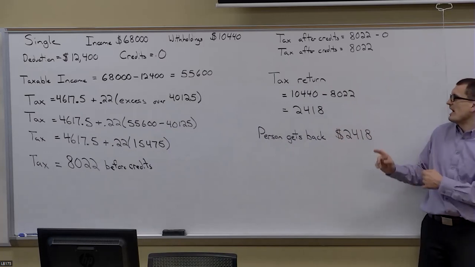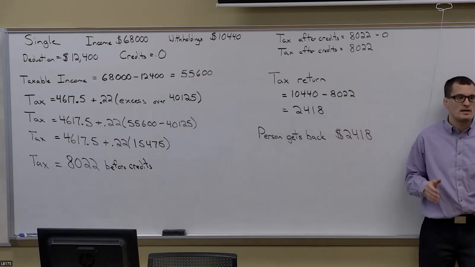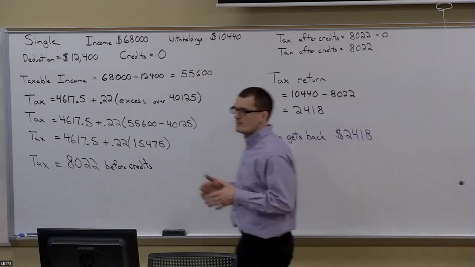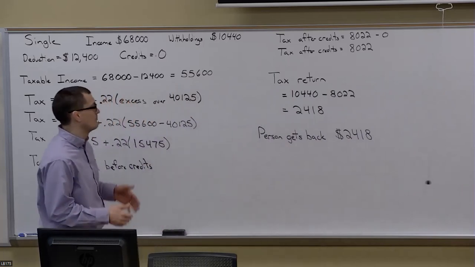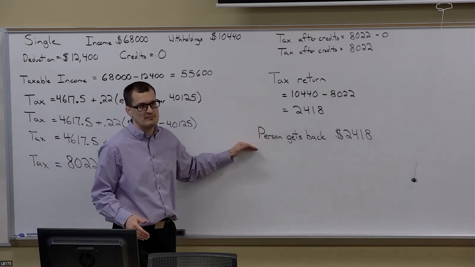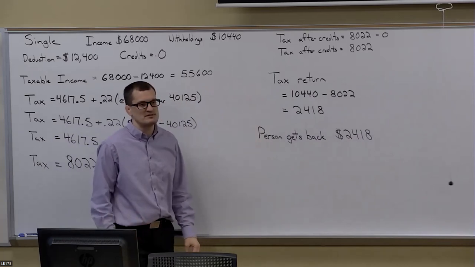If you look at what happened, this person actually, over the course of the year, paid $8,022 in taxes. Okay. So over the course of the whole year, they did pay taxes, but their income tax return gave them back money.